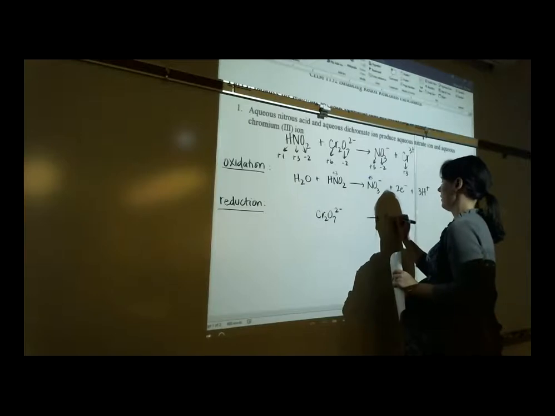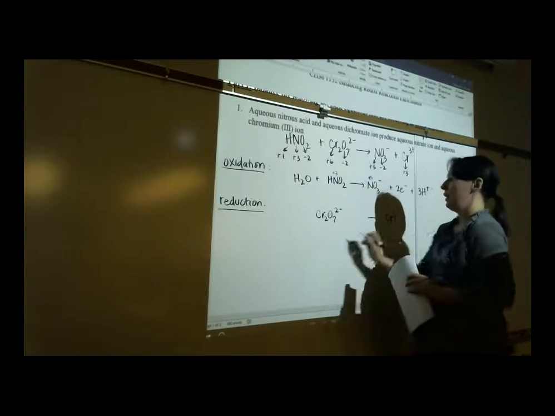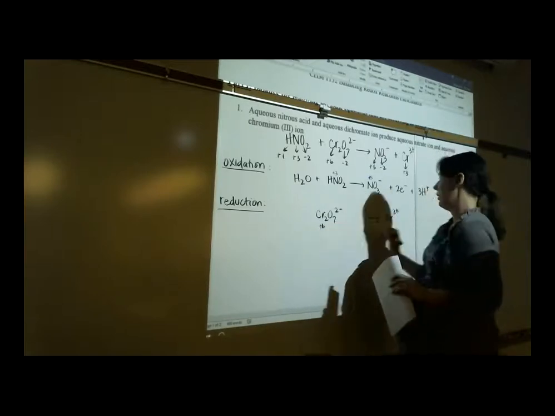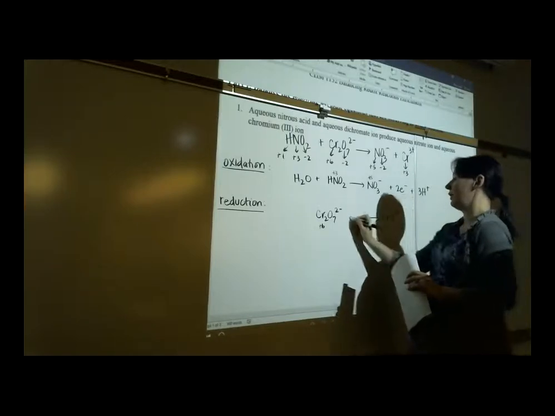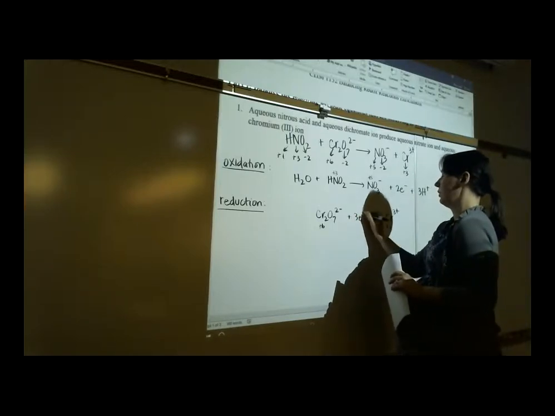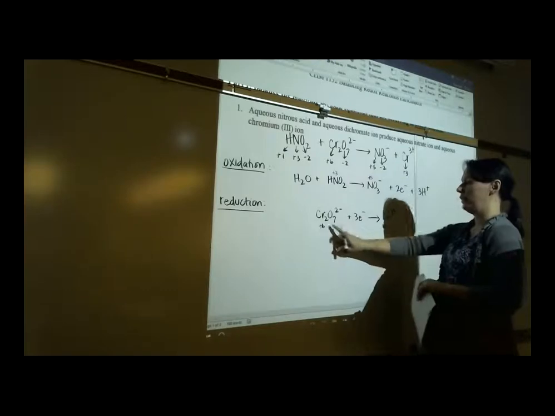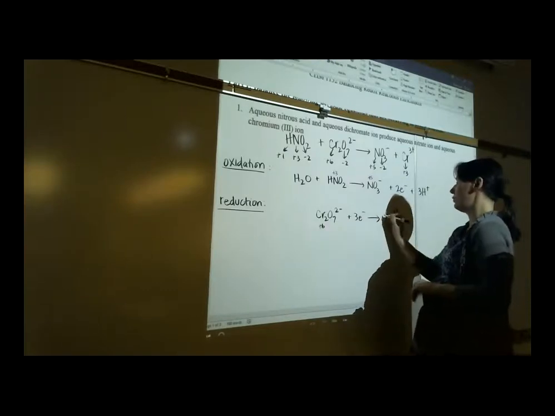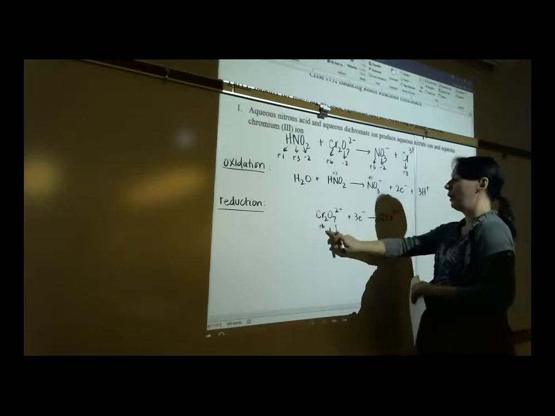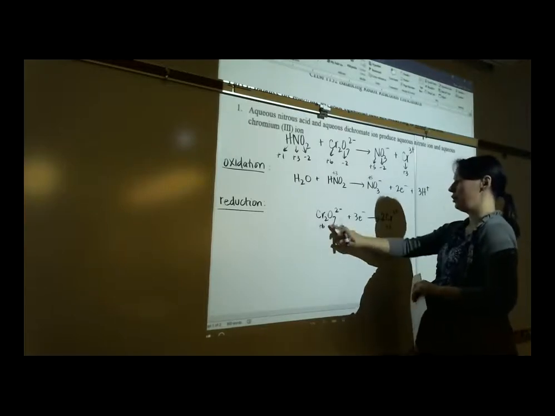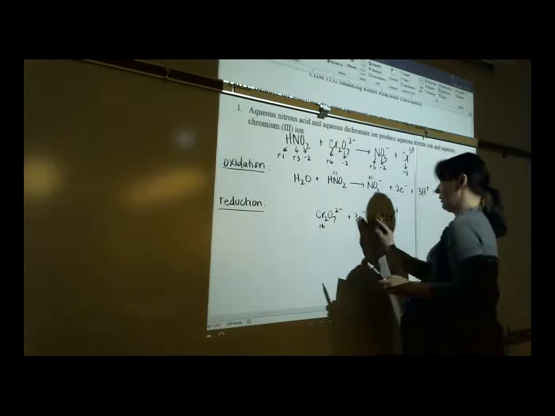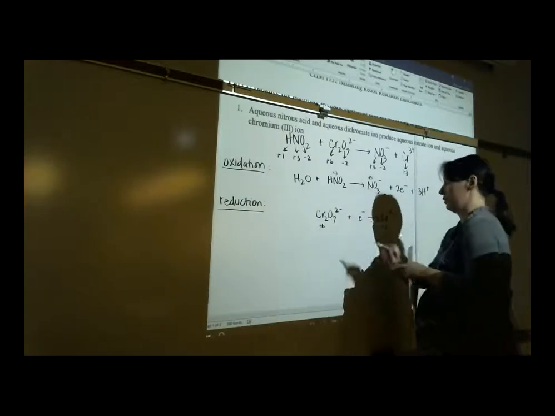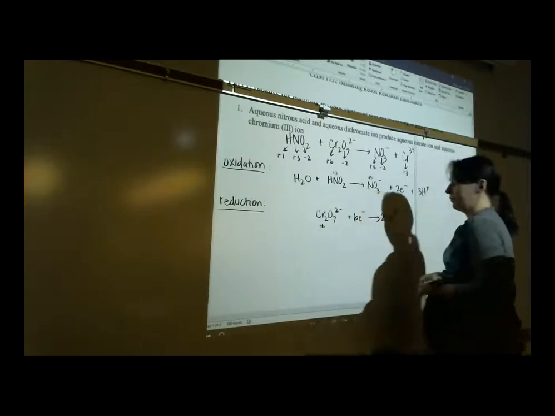It's going to Cr3 plus. If 1 chromium gains 3 electrons, well, look at this. There are 2 chromiums here. So I need a coefficient of 2 here. And if 1 chromium gains 3, then 2 chromiums are going to gain 6 electrons, right?